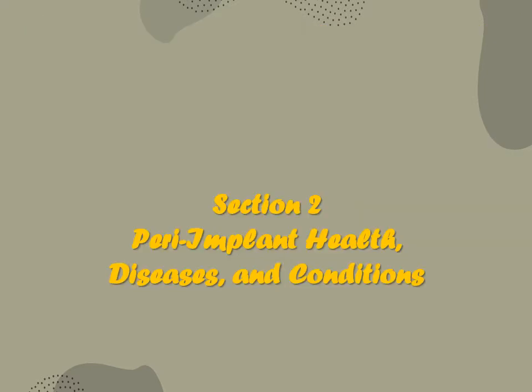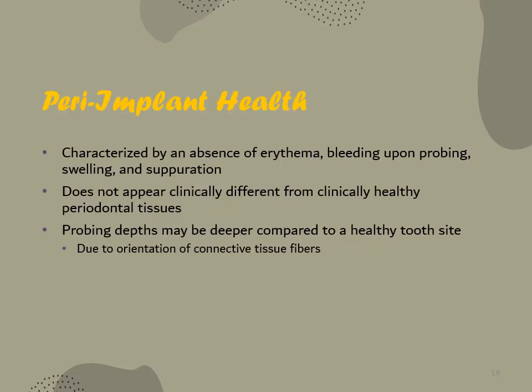Moving on to section 2, Peri-Implant Health, Diseases and Conditions. So first we have Peri-Implant Health. We need to talk about what that looks like. It's going to be characterized by an absence of erythema, which is redness, bleeding upon probing, which is light probing. Obviously, if you have heavy probing, you'll get some bleeding. Also an absence of swelling or edema, and suppuration.